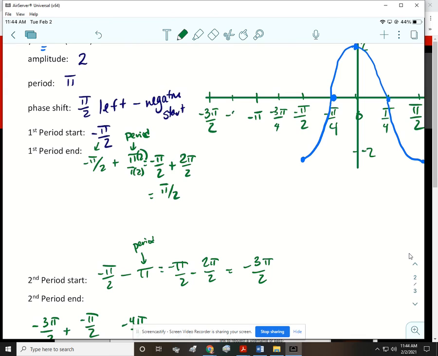And this will be negative 5 pi over 4. And we have now, we have 0, we have maximum, we have 0, and then we connect back. So that's 2 periods.